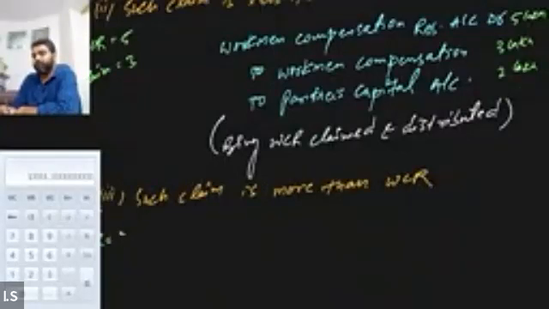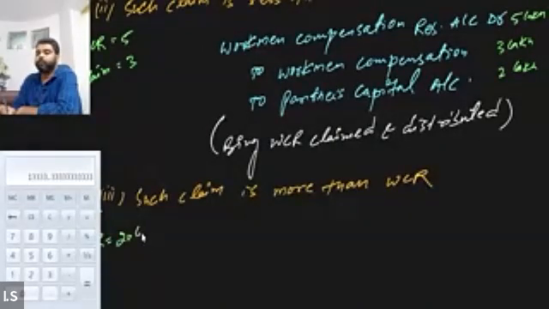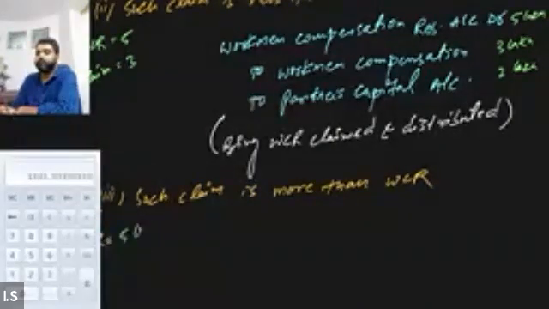And finally, the last case is a little different. Let's suppose workman compensation reserve is rupees 5 lakhs. But the actual claim made by the employee on account of workman compensation is rupees 7 lakh. So here the claim is exceeding the amount of reserve that we have made.